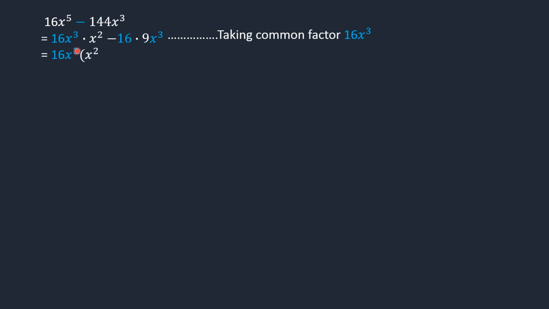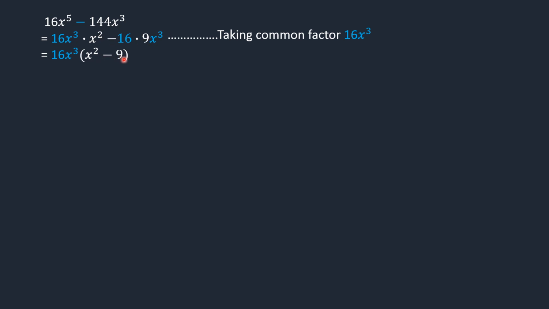Factorize 16x to the power 5 minus 144x cube. Here we will write x to the power 5 as x cube multiplied by x squared and 144 as 16 multiplied by 9. Here we observe that 16x cube is the common factor between these two terms. So in the next step we will write 16x cube multiplied by whatever is left, that is x squared minus 9.